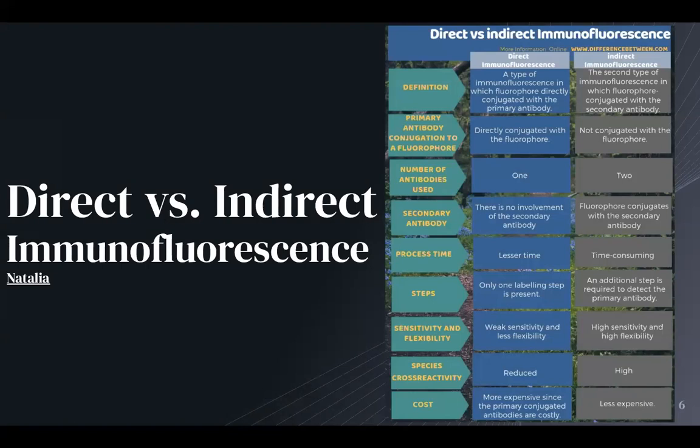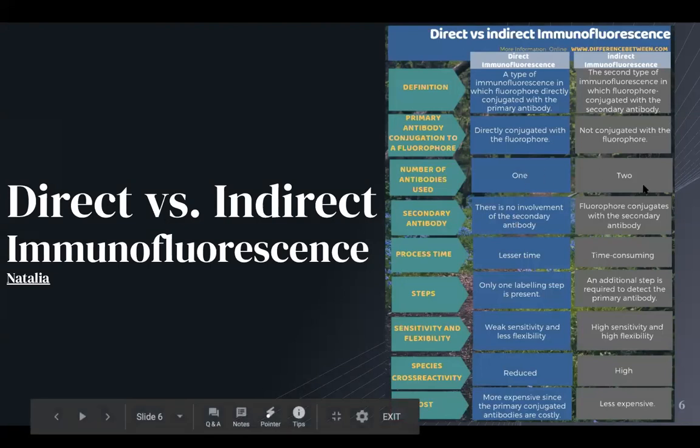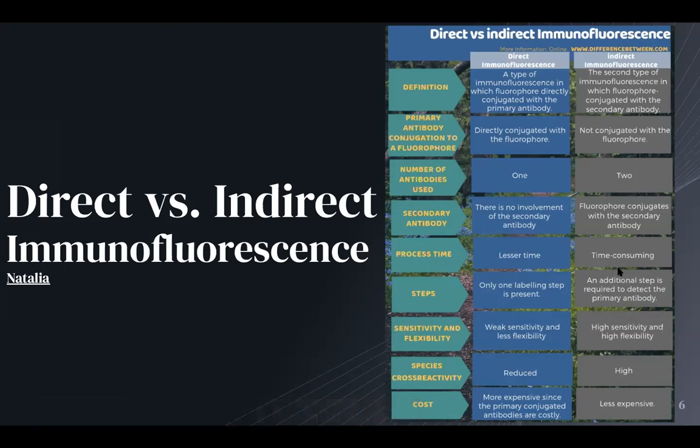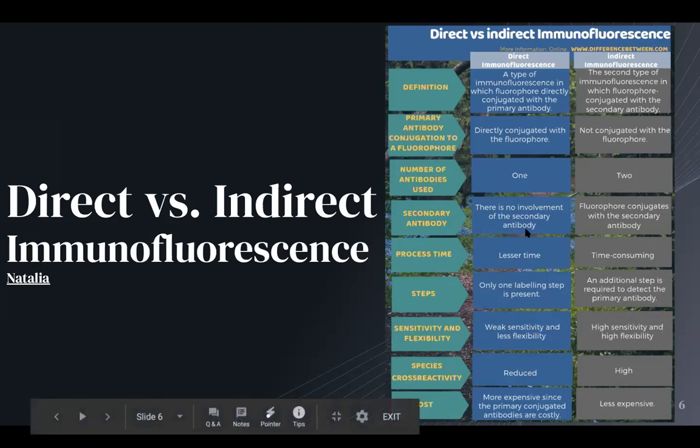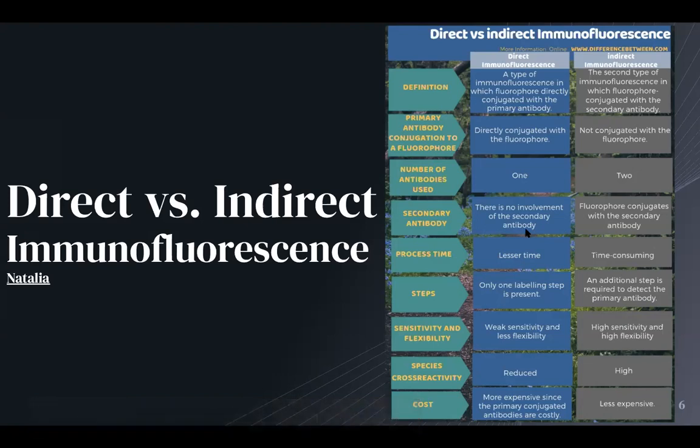Direct uses one antibody versus indirect, which uses two. And direct uses less time than indirect. And that's about it. So just to add on to that, from what I explained previously, instead of there being a second antibody binding to the first antibody and the virus, there would just be one antibody with the fluorescent marker already tagged.